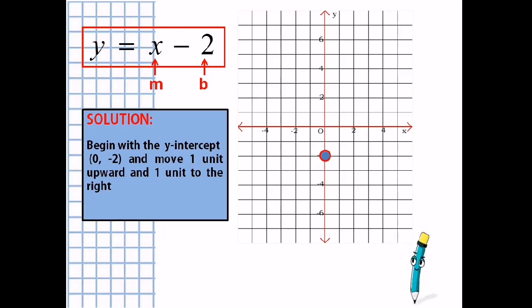And then from that point, ilo-locate natin yung other point by using the slope 1. That is positive, meaning 1 rise and then 1 run to the right. And then plot the point. And then the last step would be draw a line that passes through the two given points, and that will be the graph of the linear equation.